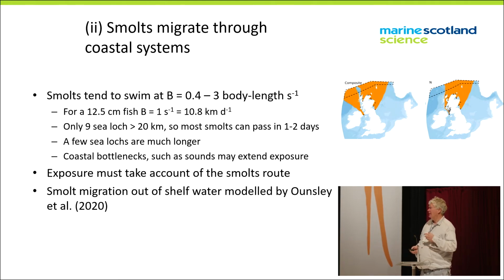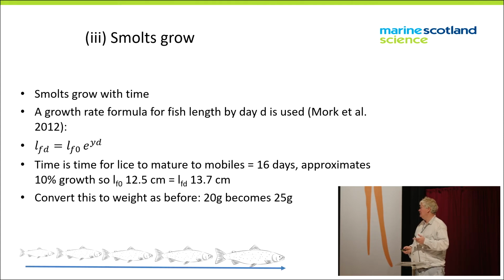So the exposure assessments must take into account the route that smolts migrate. The illustration is of smolt migration from modeling by Ansley et al., which has been extended by May Moriarty. And the third part of the model is that the smolts grow.